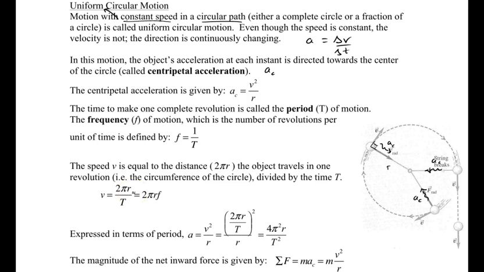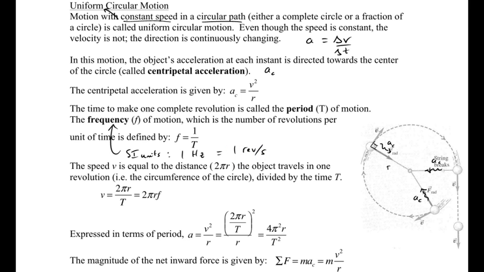Now, also you'll see the frequency. Sometimes the frequency is given in problems. The frequency, which is this script f, is really just the number of revolutions that it makes per unit time. The typical units of frequency, the SI units, are in hertz. 1 hertz is equivalent to 1 revolution per second.